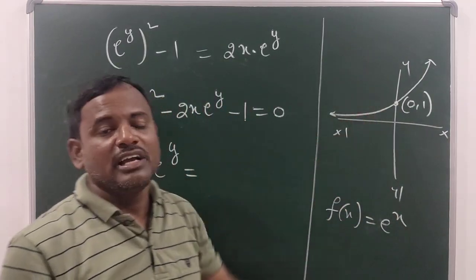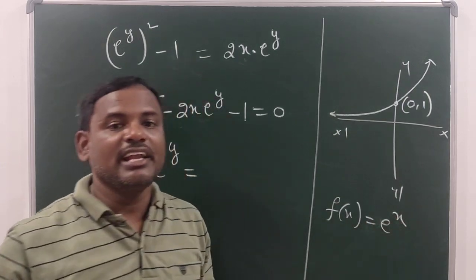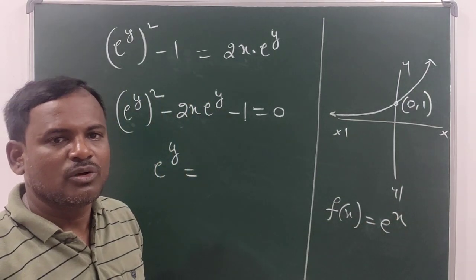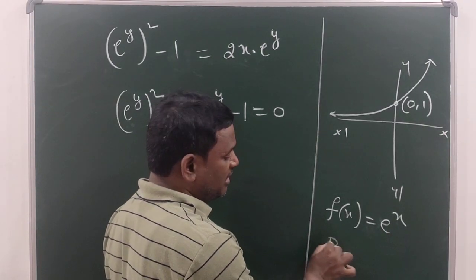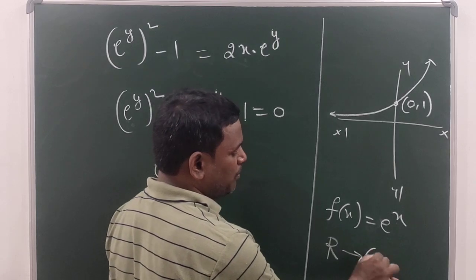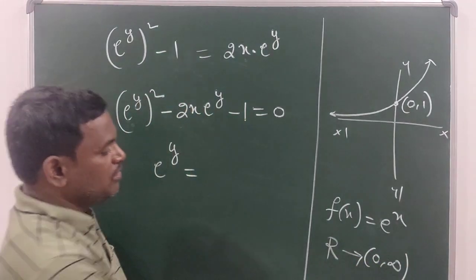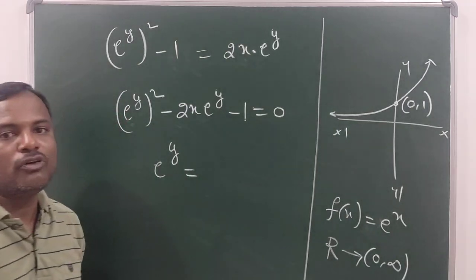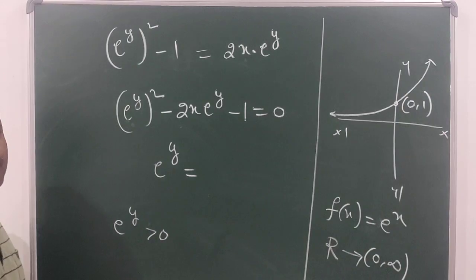This is the graph of e^x, where x is a real number. Okay students, here its domain is the set of real numbers, whereas the range is the open interval 0 to infinity. So what do you comment on e^y? e^y is always positive.